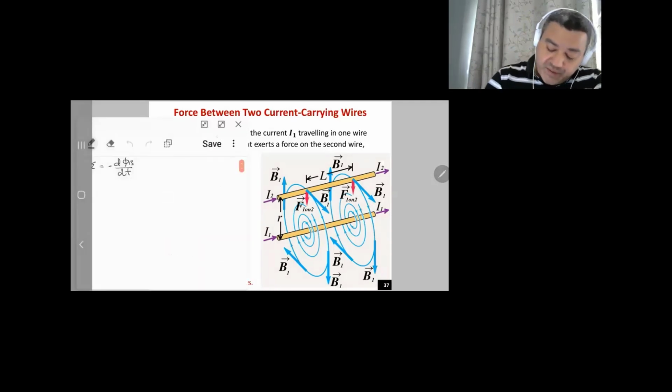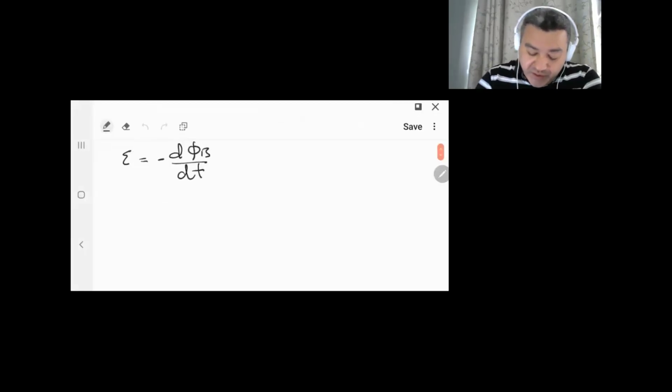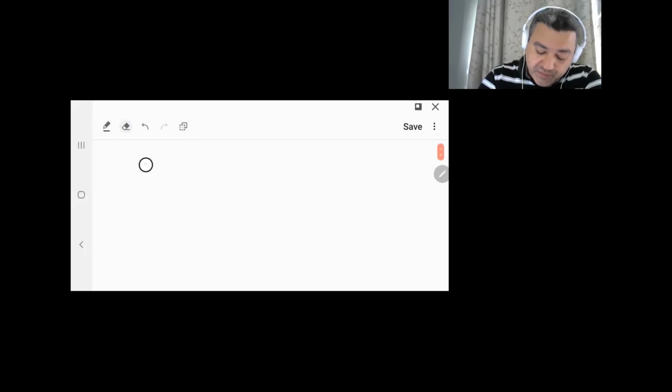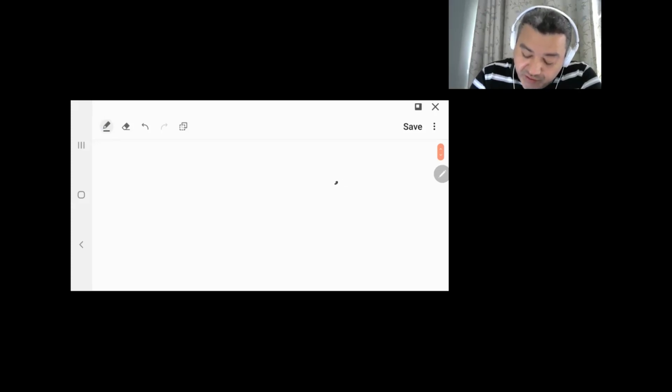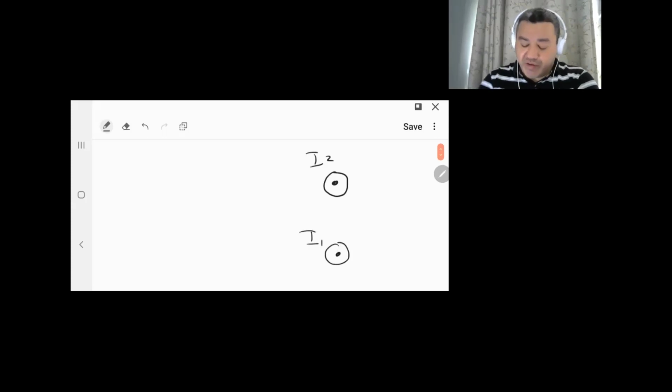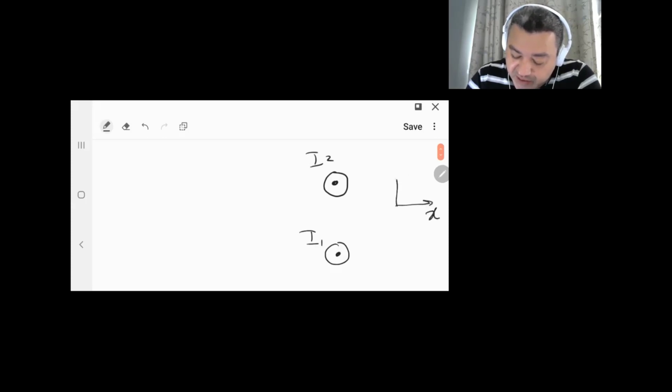So I'll start first with drawing the current I2 and then my current I1, taking both of them going in the same direction. And I will put my coordinates here such that this is X, this is Y, and then Z is going out of the screen.